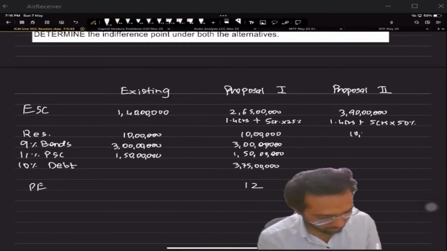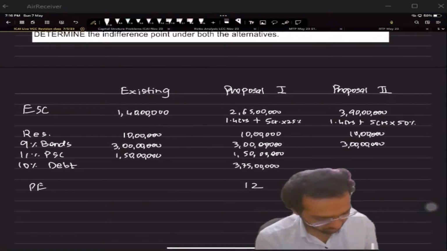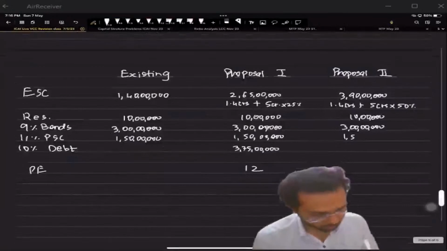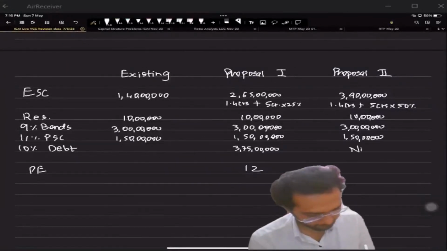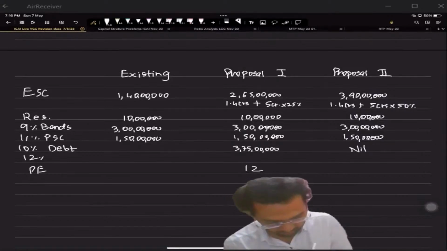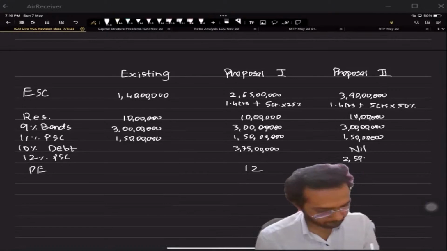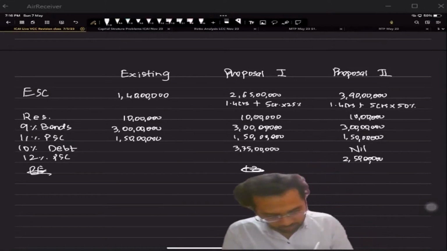Reserves will remain 10 lakh. 9% bonds will remain the same 3 crores. 11% preference share capital will remain 1 crore 50 lakh because the new preference share capital is issued at a 12% rate. Then you have 12% preference share capital, the balance 2 crore 50 lakh.